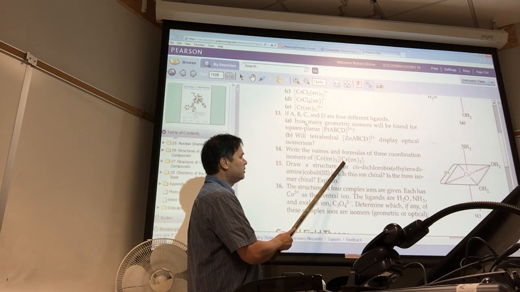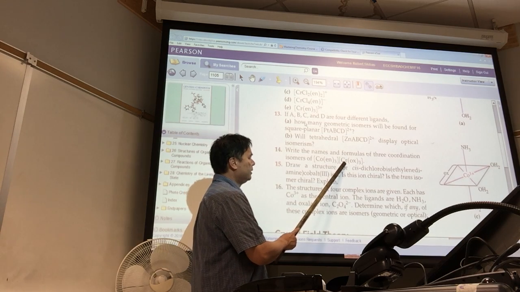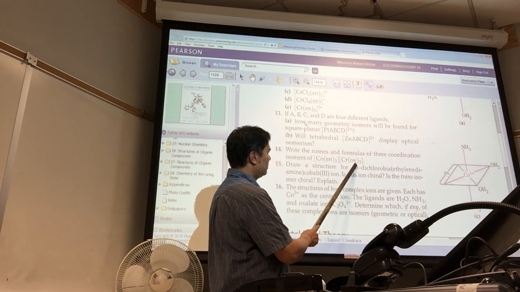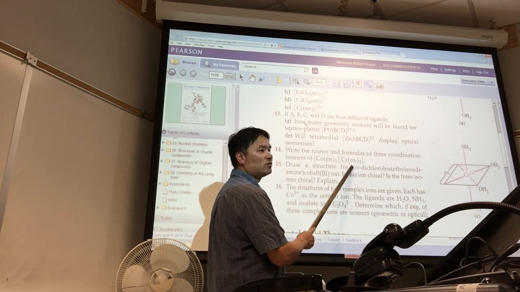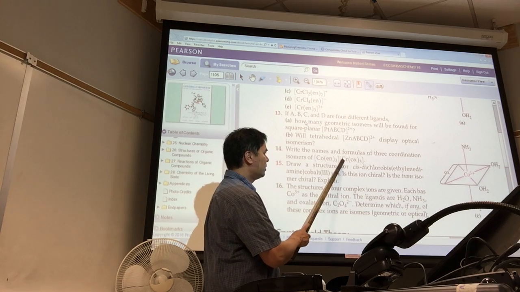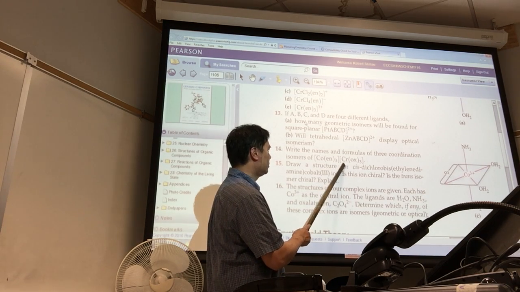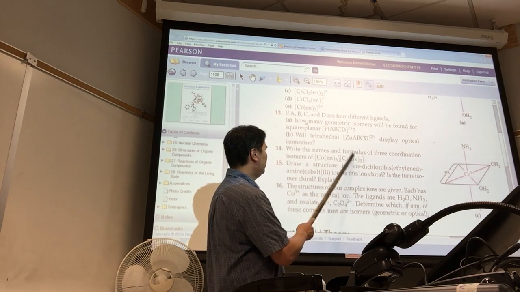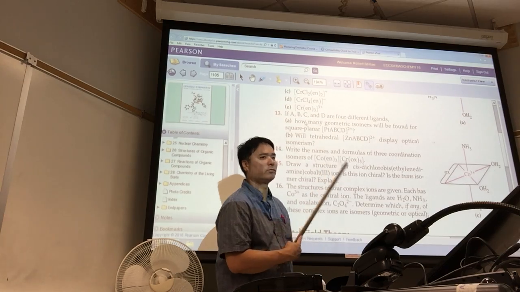If this one were +2, this would be +2 minus 6, which is -4. That's kind of high, it can't happen. So this is probably +3. This would be -3, and this could be +3. And that works out. So both are Roman numeral 3.